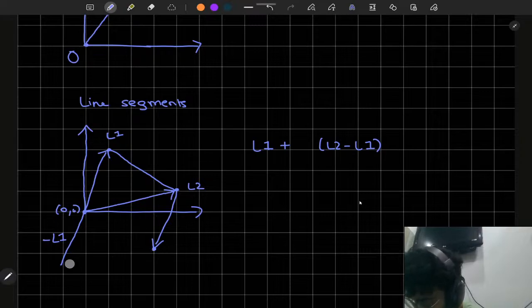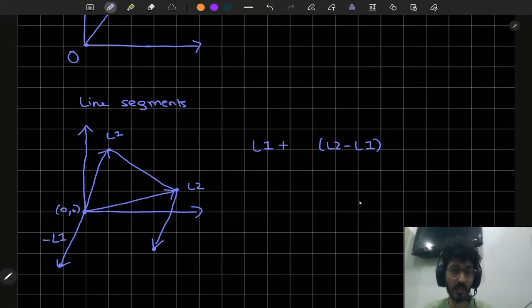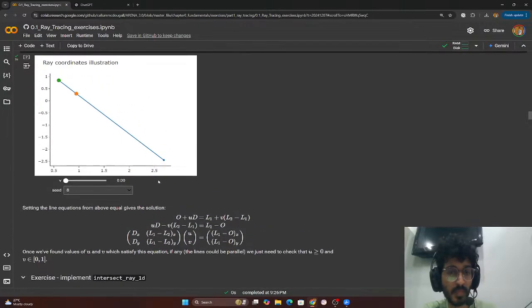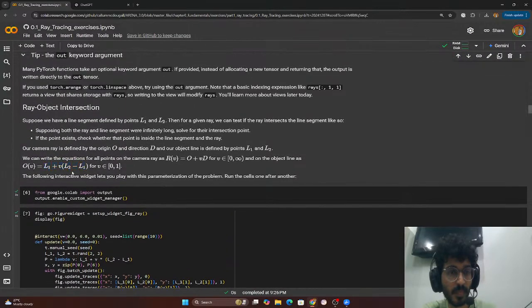So I get some point here. This is what the L1 plus V times L2 minus L1.